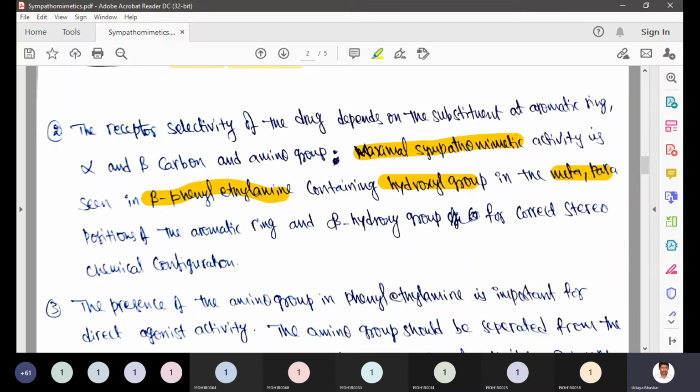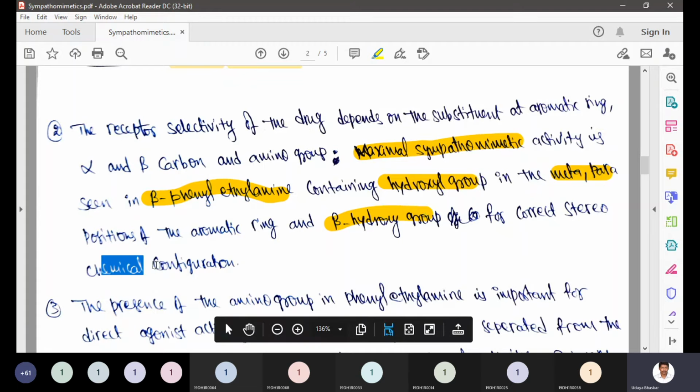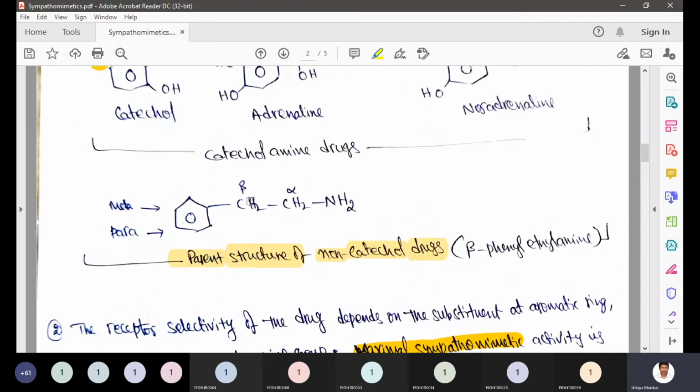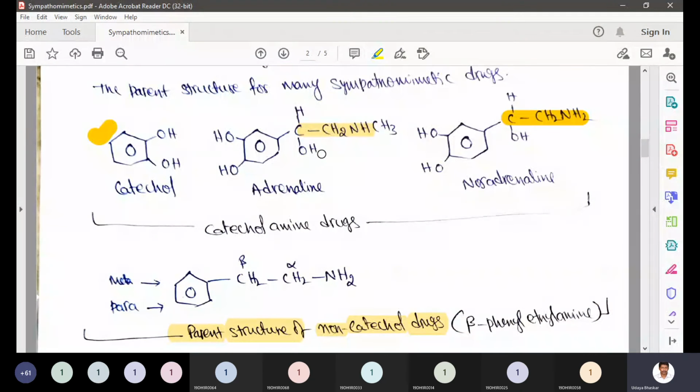And the beta hydroxy group is for correct stereochemical configuration. That means the structure is similar to adrenaline and noradrenaline. So this second point is indirectly pointing to the chemical structure of adrenaline and noradrenaline. So this is adrenaline. Without hydroxyl groups, it is a phenyl ethylamine side chain, ethylamine side chain. Noradrenaline exactly suits this.